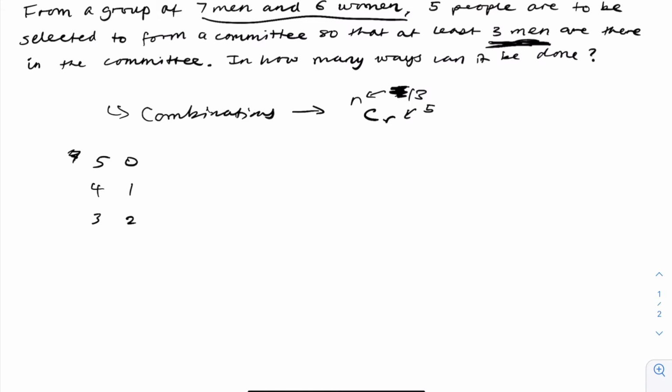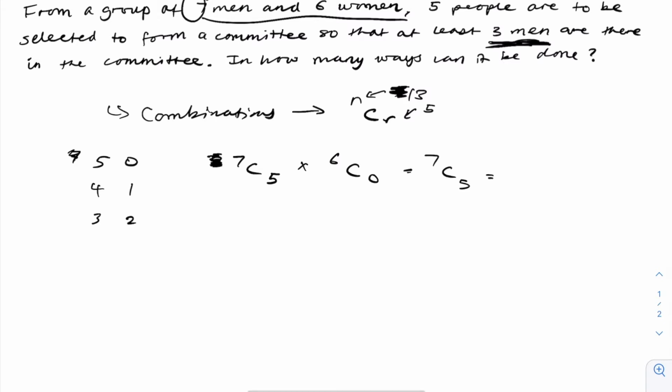So the first thing we do is see how many combinations there are with 5 men and 0 women. That would be 7C5, because we're taking it from the 7 men, times 6C0, because we're choosing no women. If you check on the calculator, 6C0 is actually just 1, because there's only one way you can choose nothing, which means it's just 7C5.